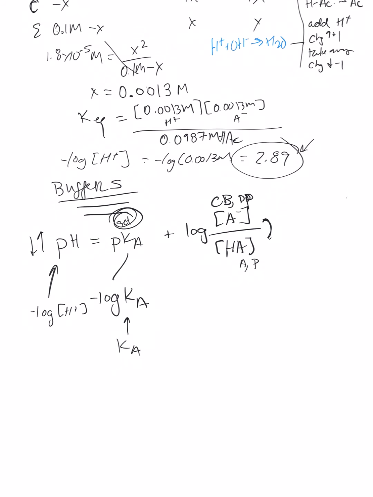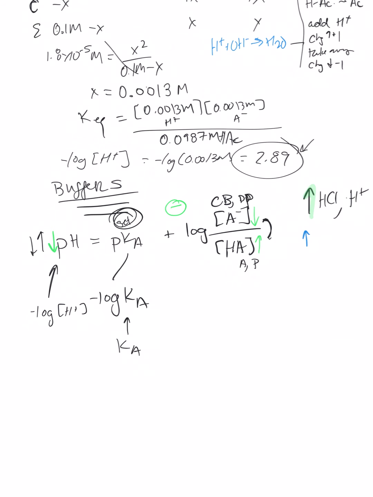So if we go and add HCl to our buffer, we increase our proton concentration. What that's going to do is we are going to shift to the left, all right? Again, that is going to increase our HA and decrease our A minus. So what this means is we're going to have the log of a smaller fraction, which means this component is going to be negative, and we are going to decrease our pH.